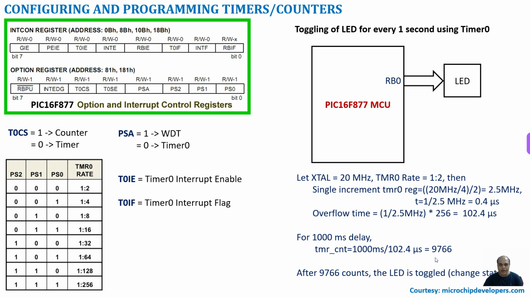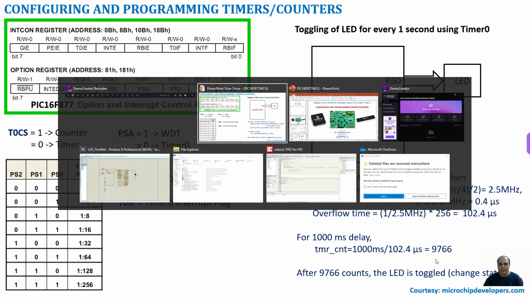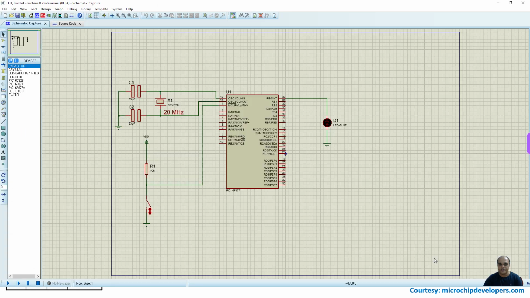Now let us go and build the circuit in the Proteus environment. Here I have taken a PIC16F877 microcontroller. It is connected with a 20 MHz crystal with 33 picofarad capacitors, and the MCLR pin is connected with the reset circuit.